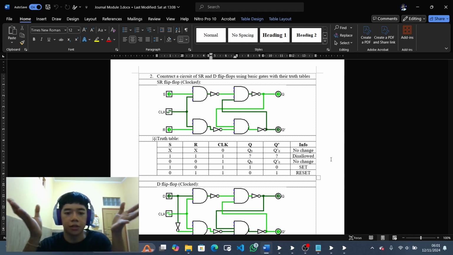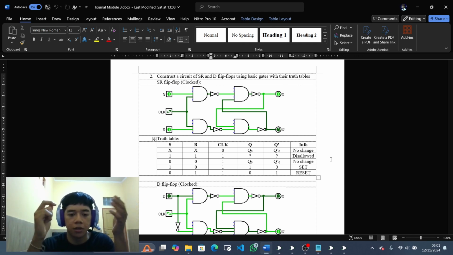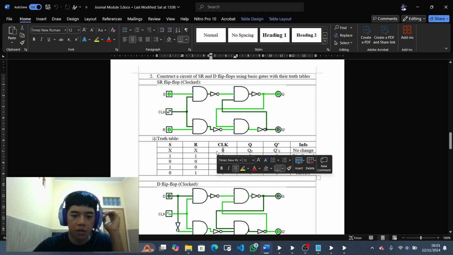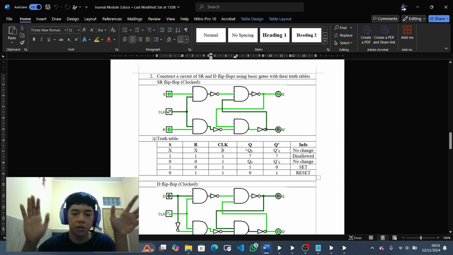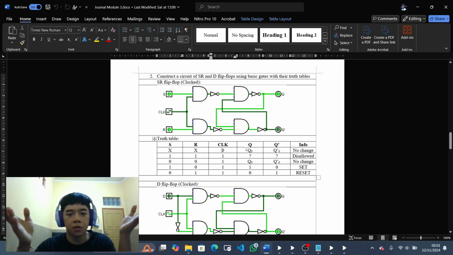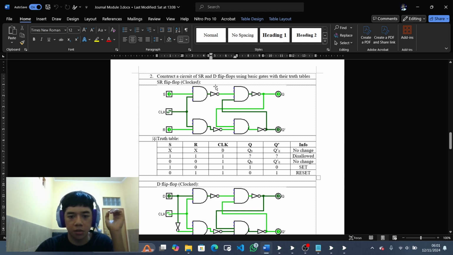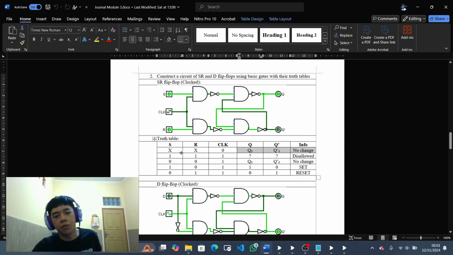Don't care is simply like this value can be either 0 or 1 depending on the situation. But this is when the clock is 0. So when the clock is 0, nothing will happen. No matter how many inputs you change, it's not going to change anything within the circuit. This is why it has a state of no change.